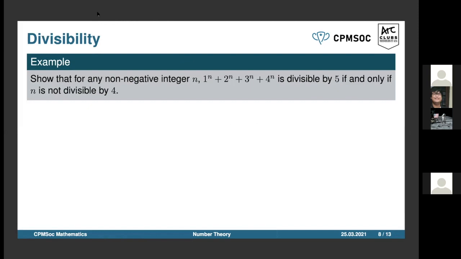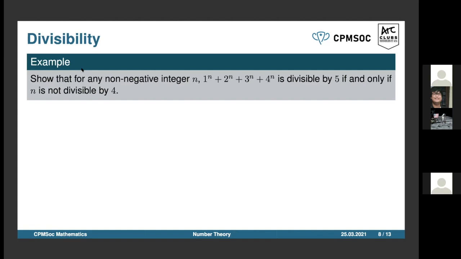And we have to prove that this expression is divisible by 5 if and only if n is not divisible by 4. So what we can see is it says if and only if. So another way of expressing that is this expression is divisible by 5 exactly when n is not divisible by 4.